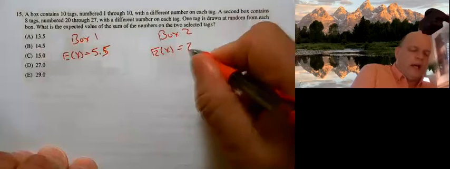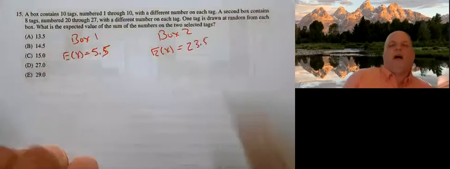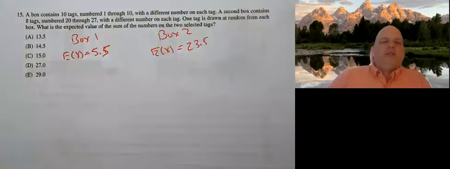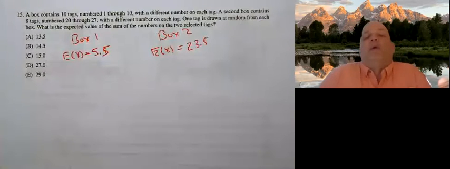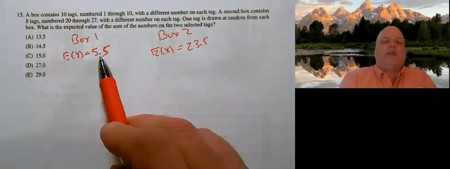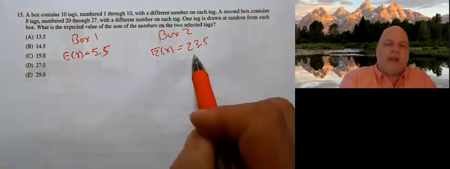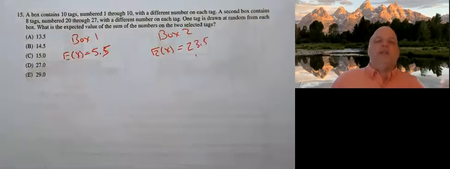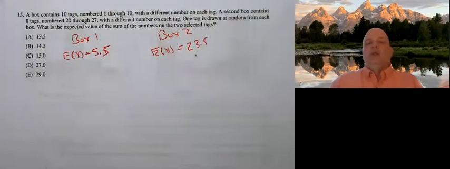So on average, I would expect to get a 23.5. And you're like, well, that's not even a real possibility because it's a whole number. I know, but that's what I would expect to get. If I did it over and over again, I would expect this average to be 5.5, and I'd expect this average to be 23.5. So doing it repeatedly, this is what I would expect to happen.